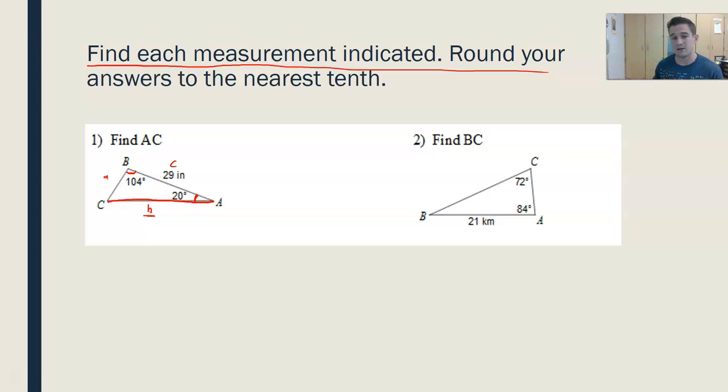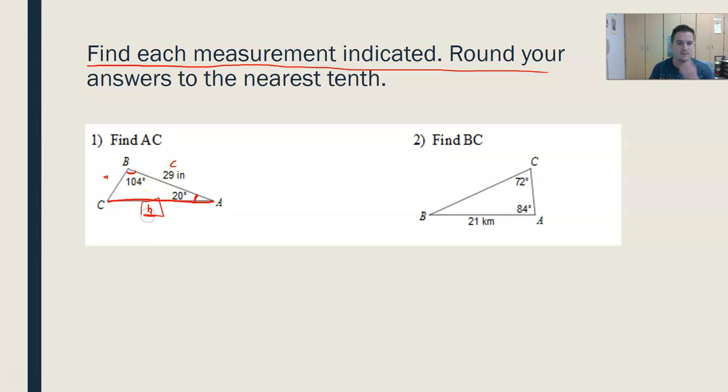If I knew one of these angles was 90 degrees, I could solve using right triangle trigonometry, sine, cosine, and tangent. But this is not a right triangle. But notice here that I have 2 angles and I have a side. So I'm going to show you how we can use the law of sines to solve for this missing side right here.